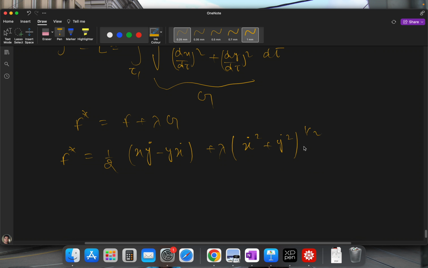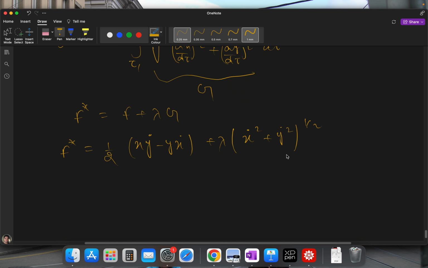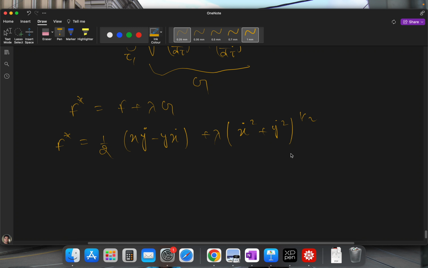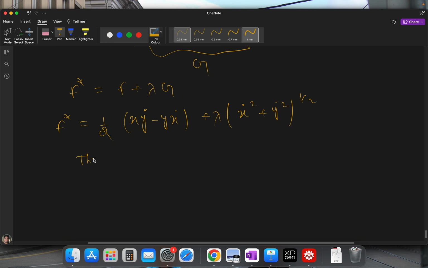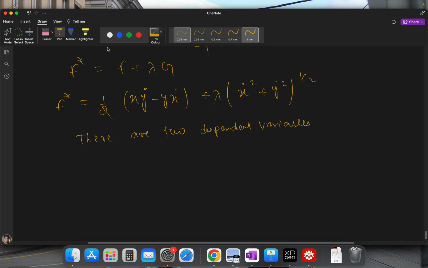Here you can see that there are two dependent variables, and what are those? x and y.